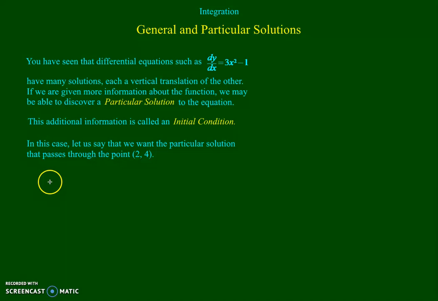So we know that the antiderivative, or big F of x, is the same as saying y, because the solution to this is y equals some function. And we find that by taking the integral of 3x squared minus 1 with respect to x. So let's go ahead and integrate this.